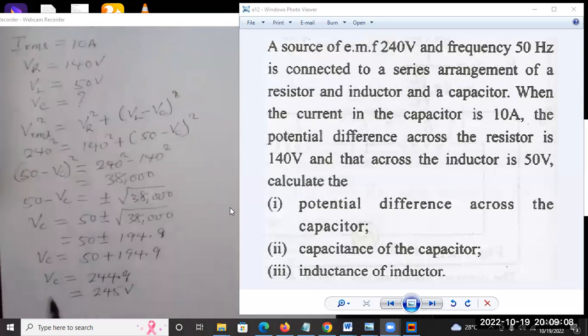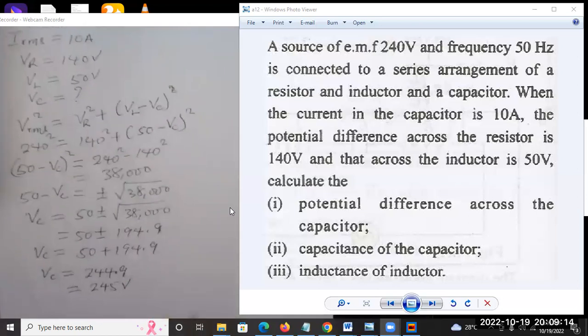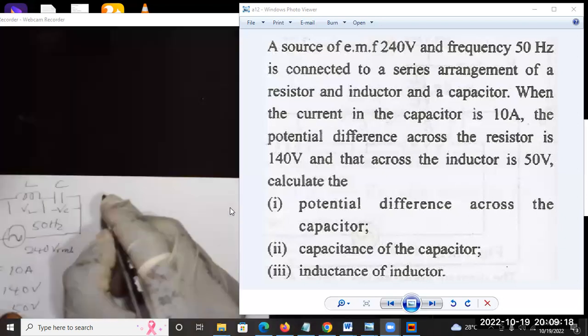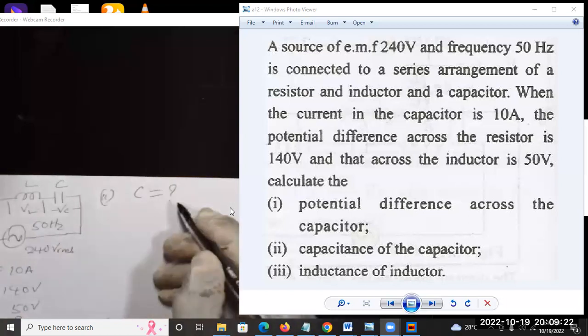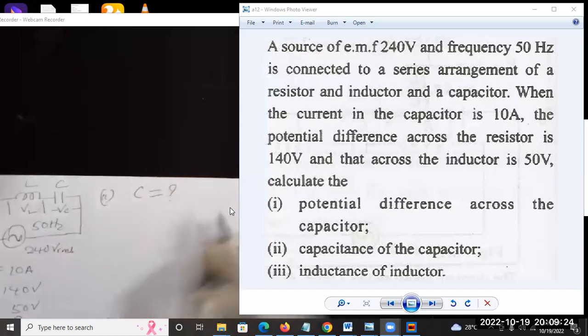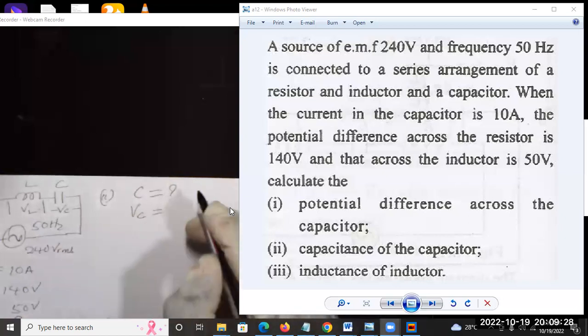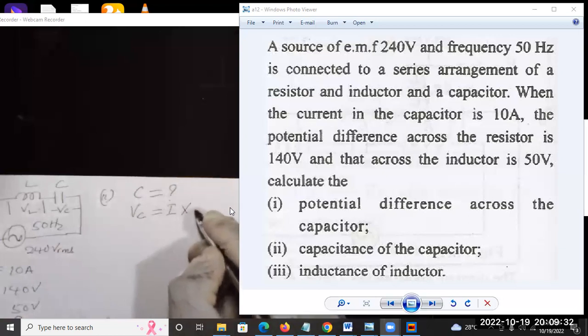The next question is to calculate the capacitance of the capacitor. We're looking for C, the capacitance of the capacitor. The voltage across the capacitor is given by the expression, the current times the capacitive reactance.